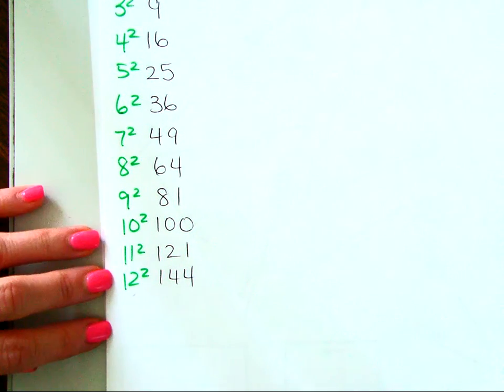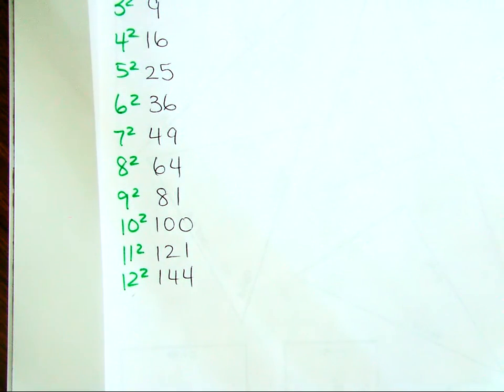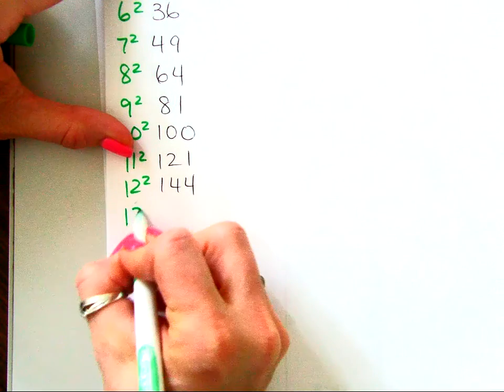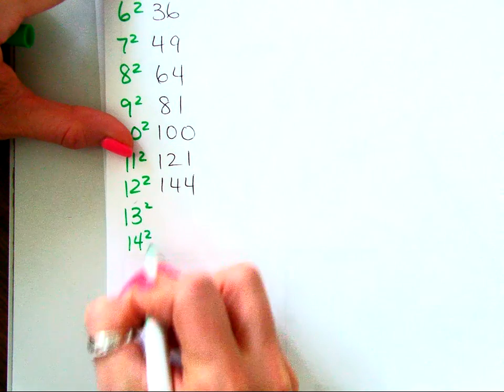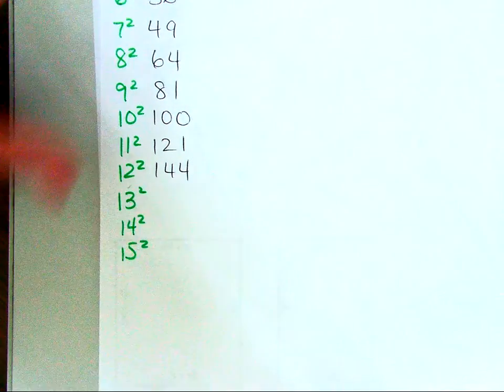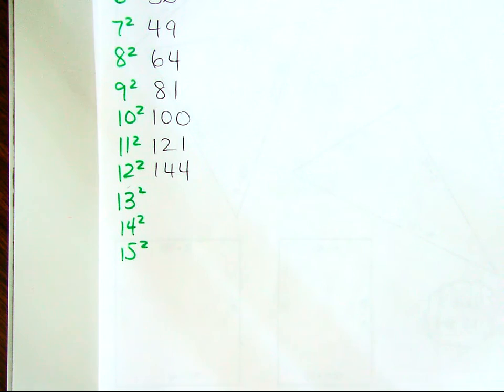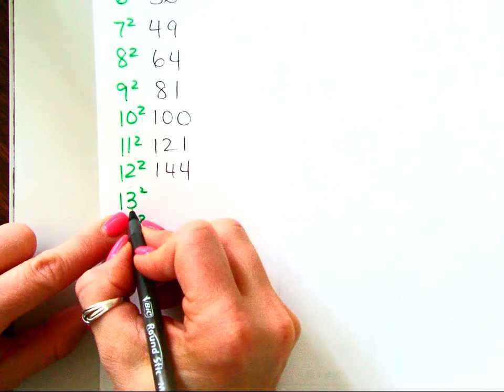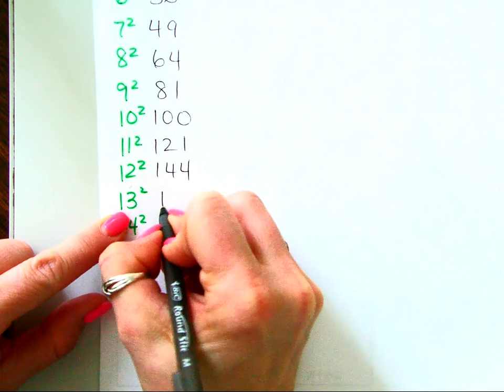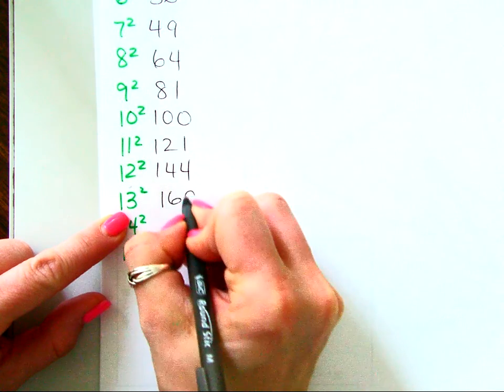And usually we have to memorize up to our 12s, right? But I'm going to get you up to 15. So we're going to learn 13 squared, 14 squared, and 15 squared, and tuck it away in your mind and use it when you need to. 13 is easy because if you think of the multiples of 3, the next multiples of 3 are 6 and 9. So 3, 6, 9.